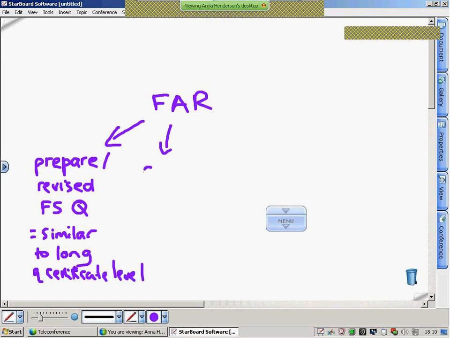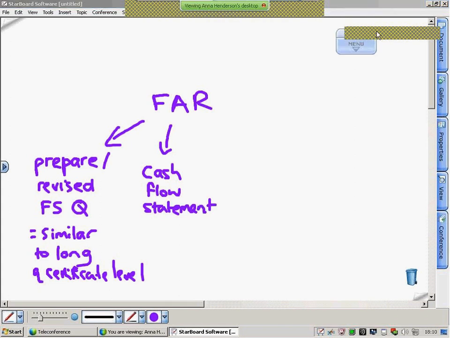We're going to get a cash flow statement. What we saw in September was a very short question on cash flows, only 11 marks. What we saw in December was a 17-mark question. So the examiner is giving the impression at the moment that your maximum is going to be around 20 marks on a cash flow statement. That's in line with the question bank from last year. We haven't yet got this year's question bank, but last year's question bank showed cash flow statements around that.